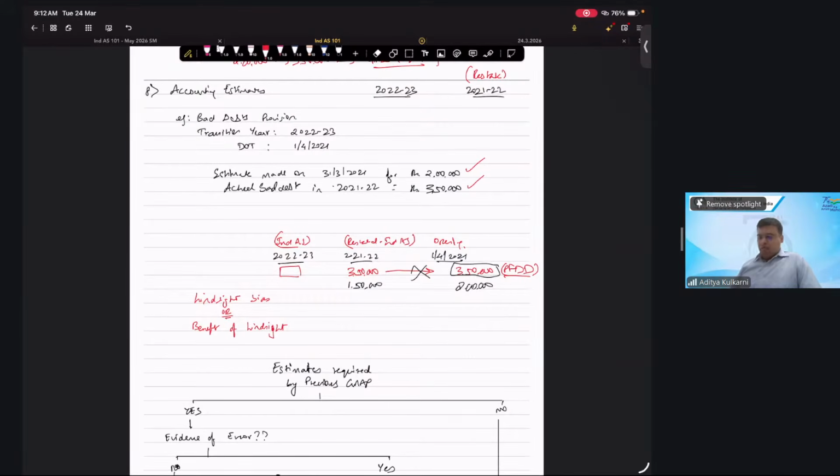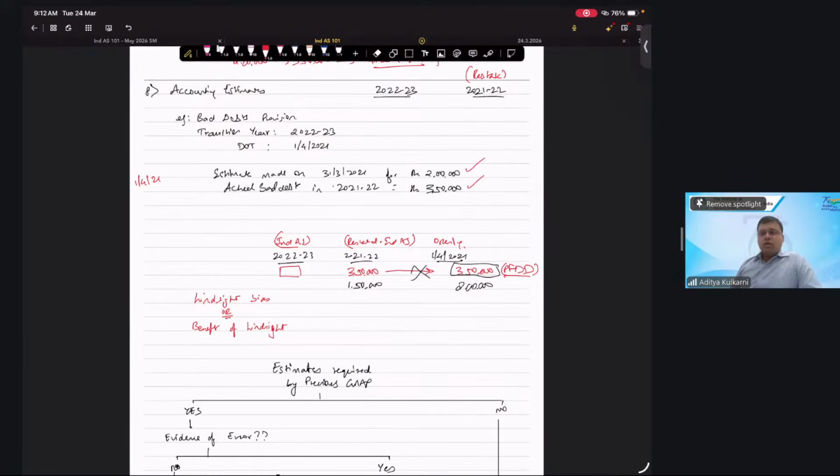Now, you want to go back in time and restate this. So, do you prepare a balance sheet on 1st April 21? When I'm doing my transition, do I prepare a balance sheet on 1st April 21? Tell me yes or no. Yes, sir.